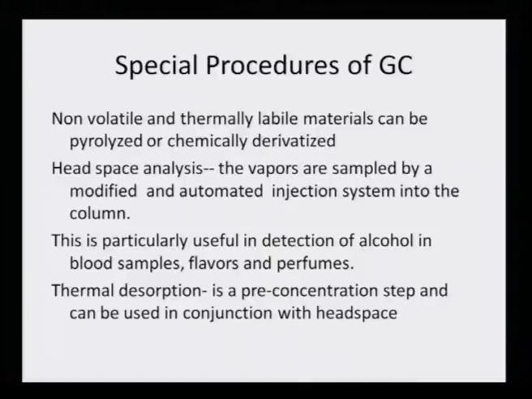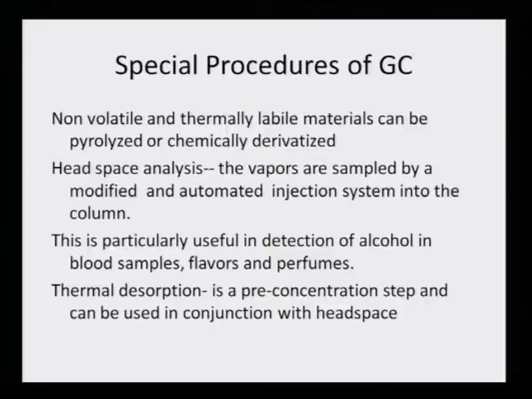Special procedures for GC. Non-volatile, thermally labile materials can be pyrolyzed or chemically derivatized. Headspace analysis: the vapors are sampled by a modified and automated injection system into the column. This is particularly useful in detection of alcohol in blood samples, flavors and perfumes.